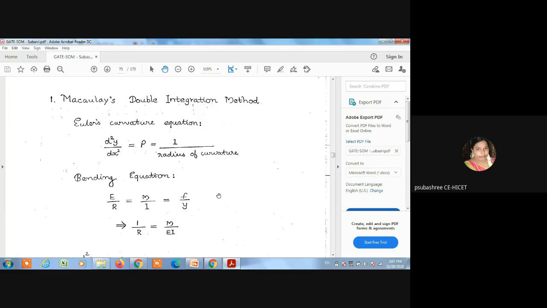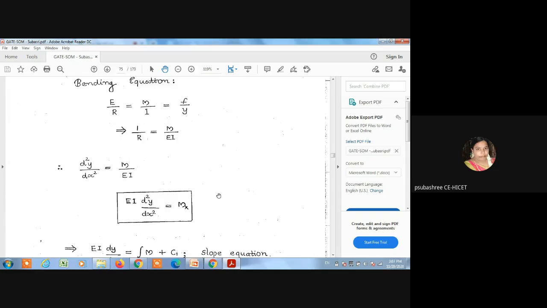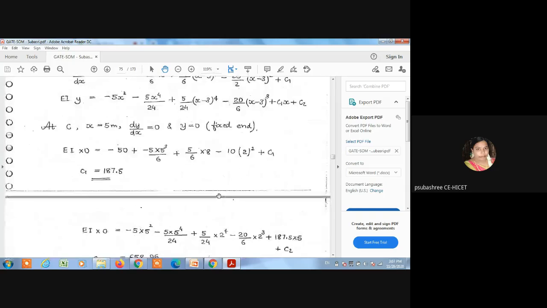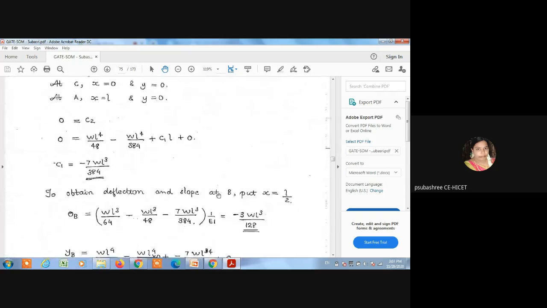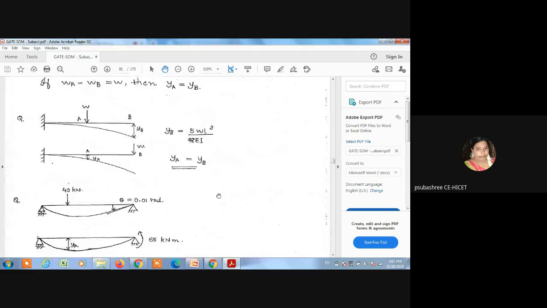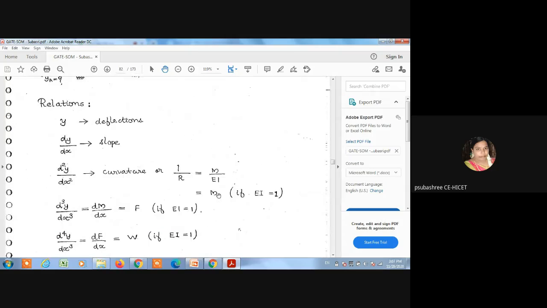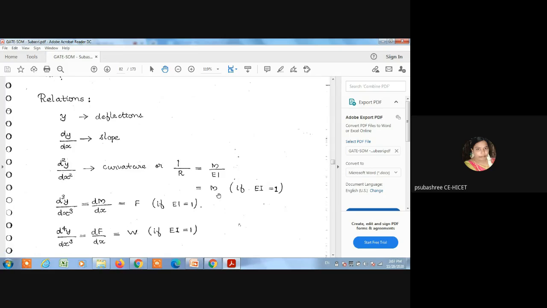Macaulay's method, conjugate beam method, Maxwell method, double integration method. Many methods are available here. Just go through the methods available for calculating deflections. This is very important.